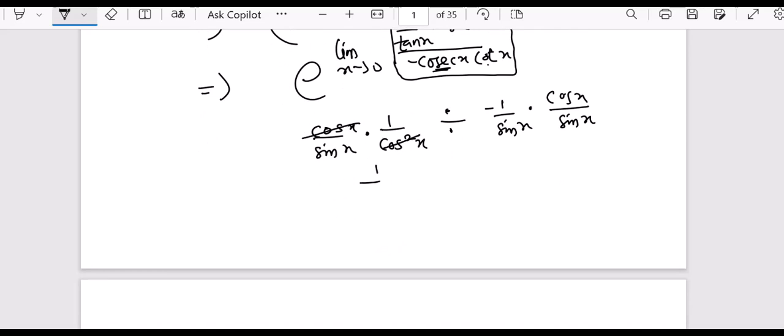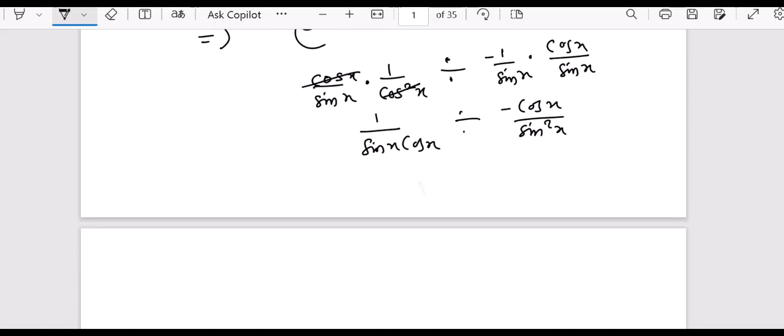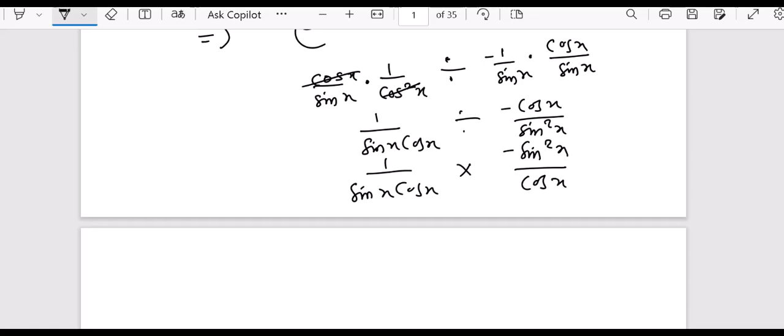You have 1 over sine x cos x divided by negative cos x over sine squared x, and so we have 1 over sine x cos x times negative sine squared x all over cos x, and so this one will cancel one of this.